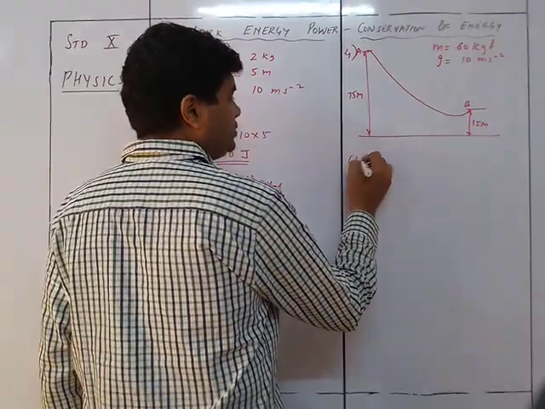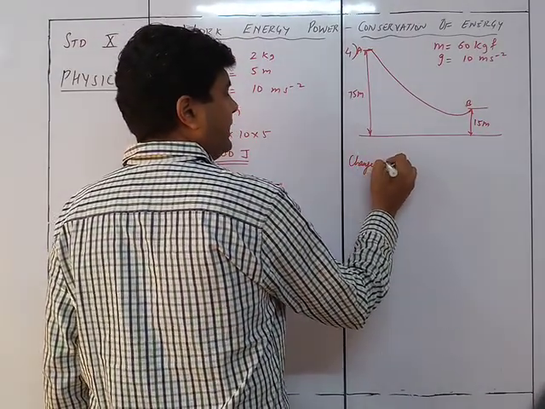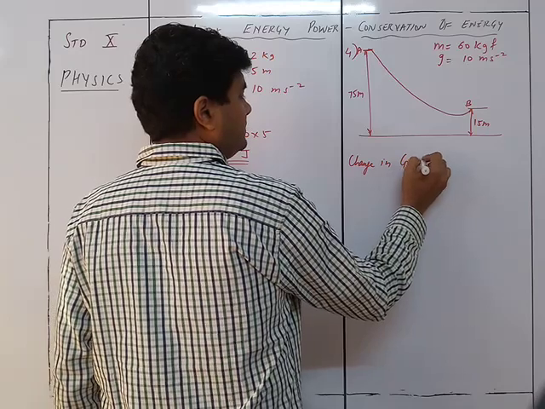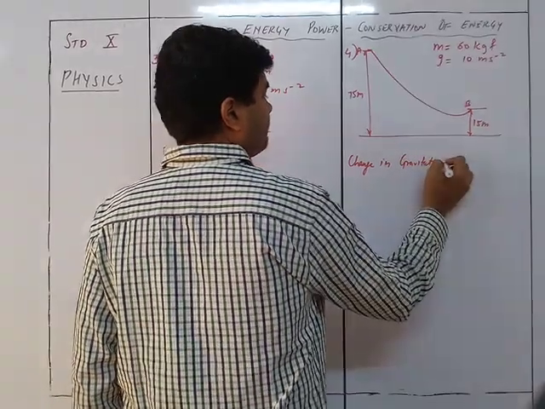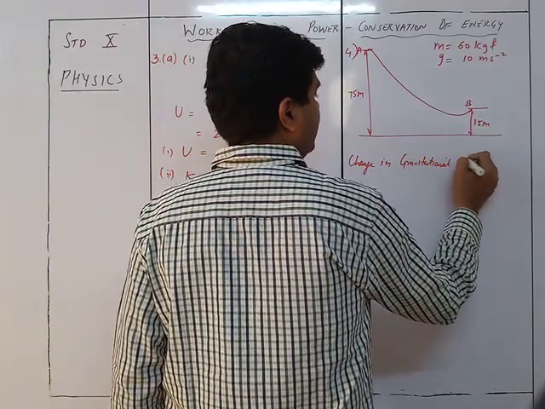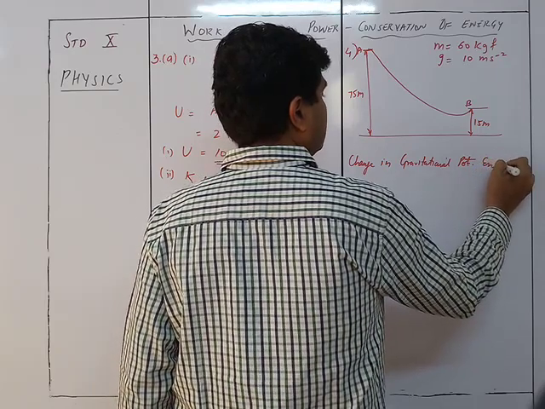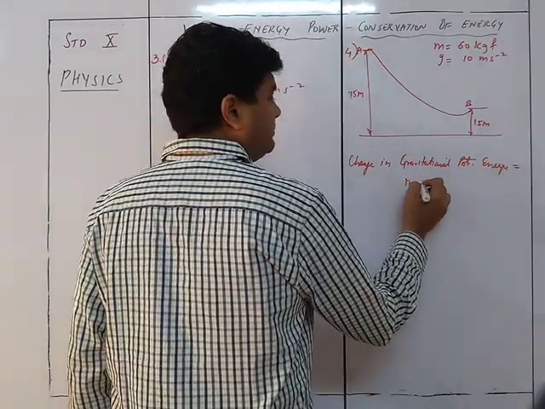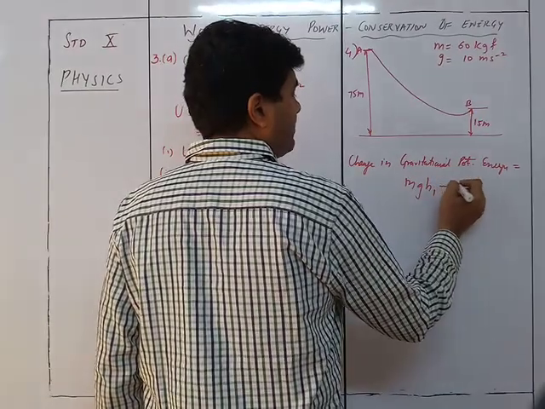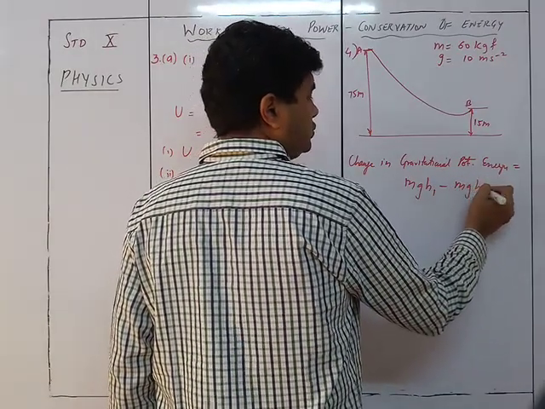So change in gravitational potential energy is equal to mgh1 minus mgh2.